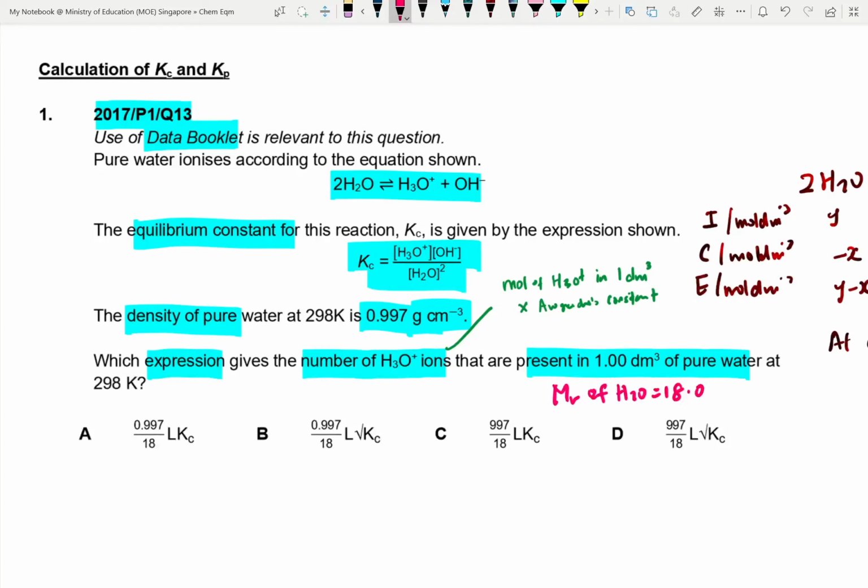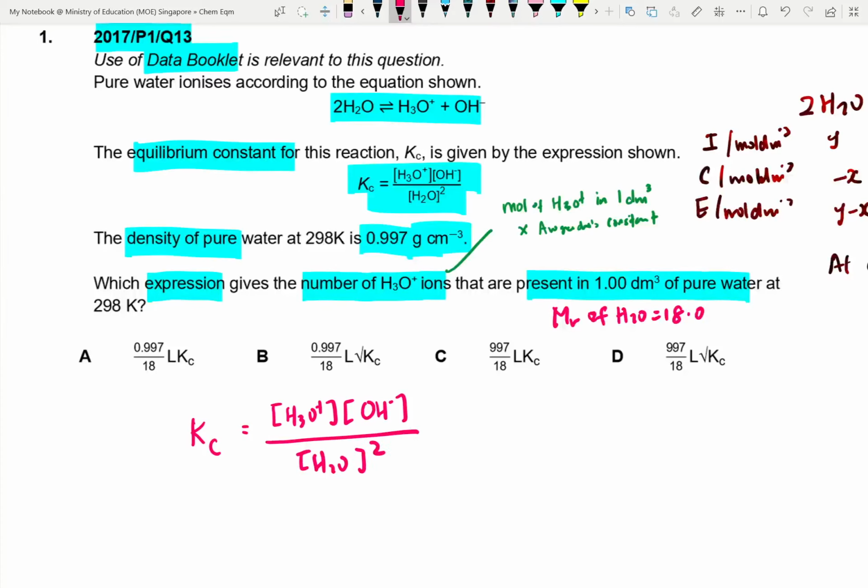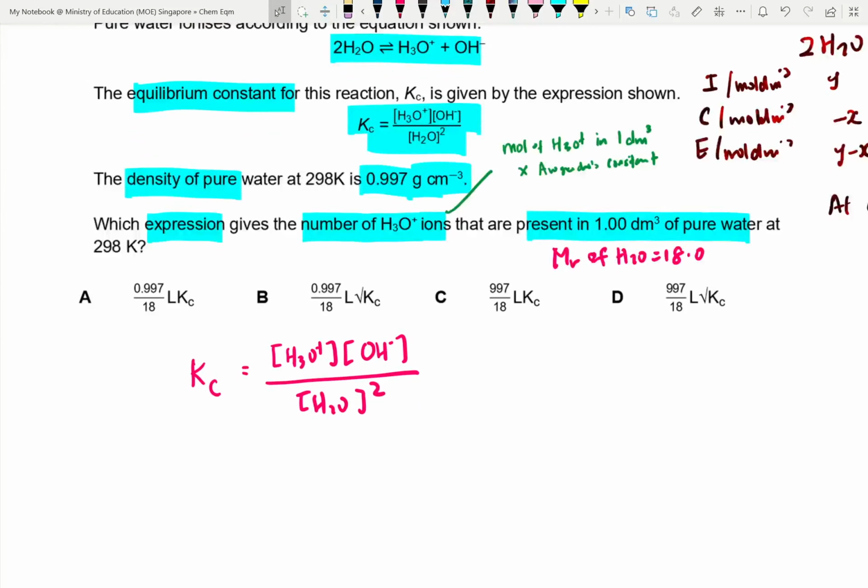Okay, so how do we make use of all this information to calculate? First of all, the whole expression has Kc, so definitely I need to make use of Kc. I will use [H3O+][OH-] over [H2O]². In the option itself, I do not have H2O appearing in the expression. What I have is 0.997 or 997, and 18.